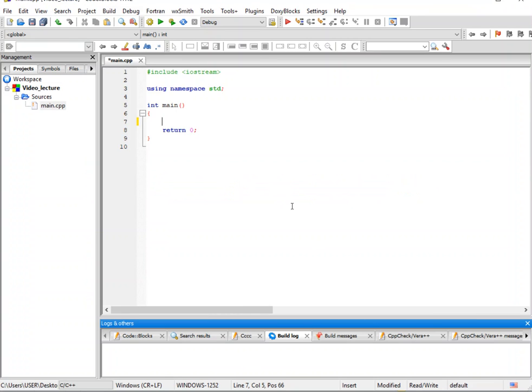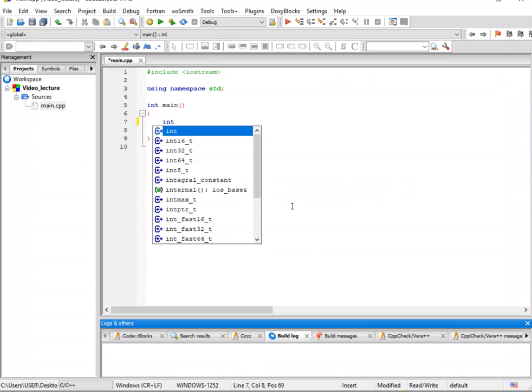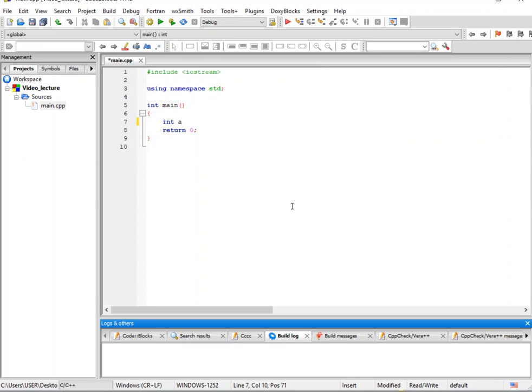Here, this is our coding environment. We are going to declare variables like I did over there. We will have integer variables A, B, and C, to represent the three sides of the triangle.